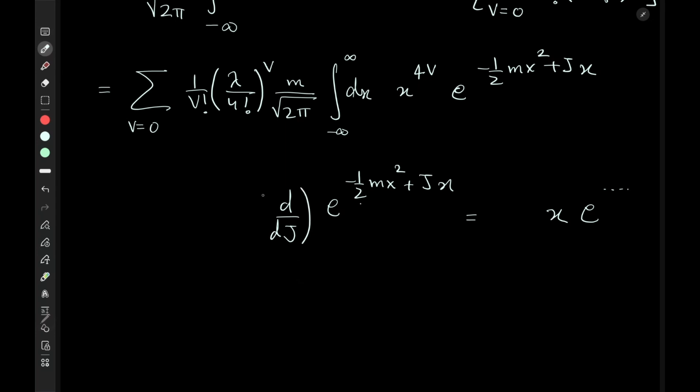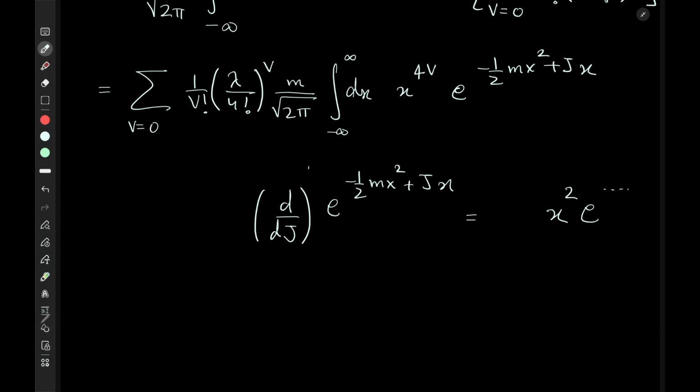Again, if we differentiate twice against j, again we will pull the same e to the power factor out, and j differentiation will not care about x, so again same thing will happen, another x will be pulled down and we will have x square.